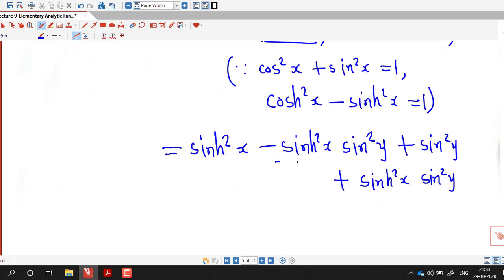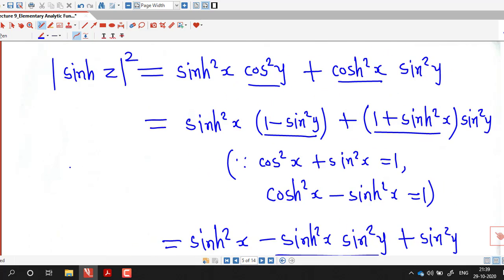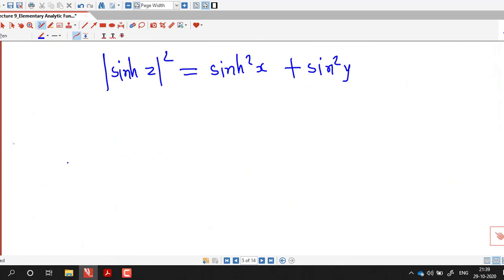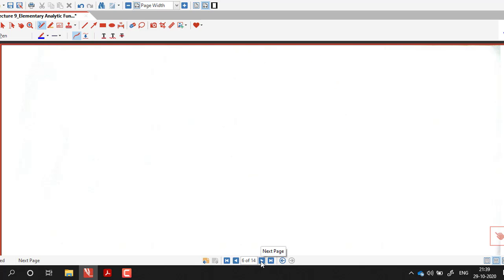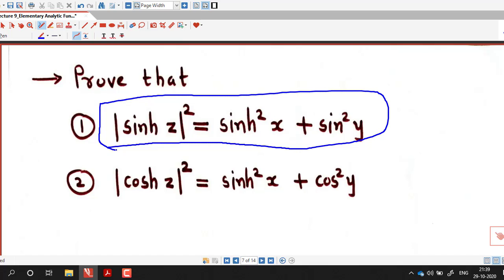So we can see these two terms will cancel out, and we are left with sin hyperbolic square x plus sin square y, and here we have the absolute value of sin hyperbolic z squared. The absolute value of sin hyperbolic z squared is sin hyperbolic square x plus sin square y. So we have proved this one.